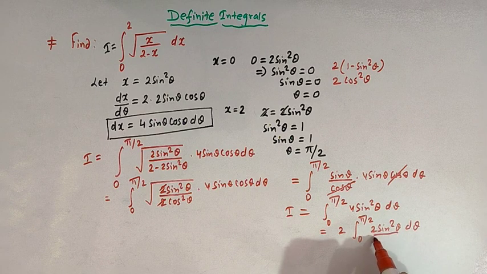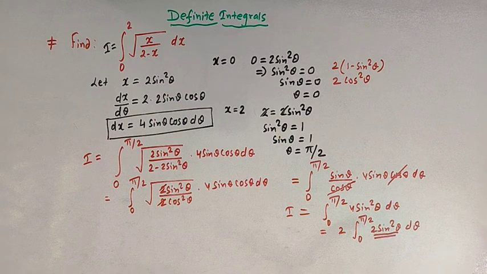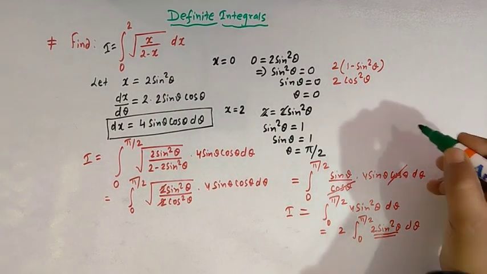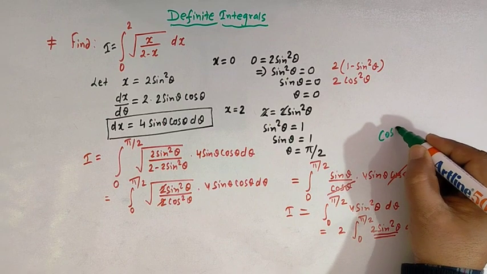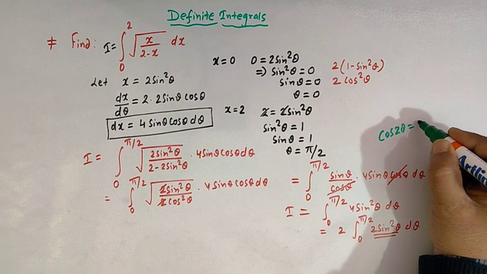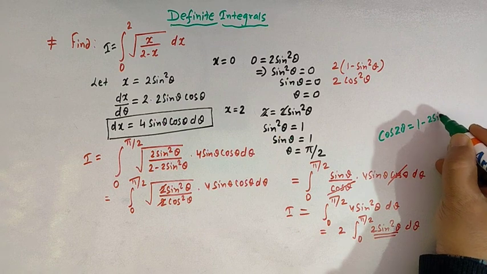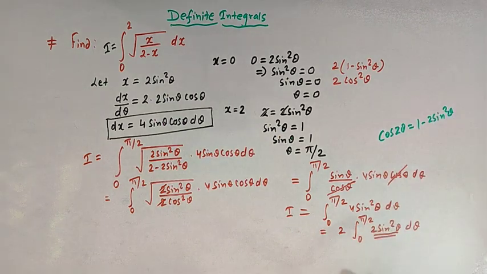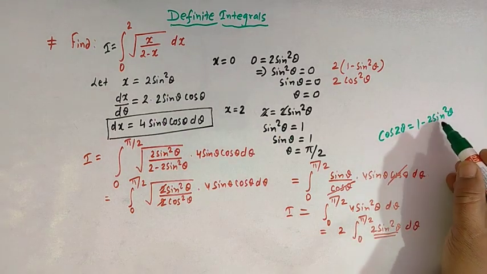Here we'll make use of one important trigonometric identity. We have cos of 2 theta is equal to 1 minus 2 sine square theta. This is the important trigonometric identity.